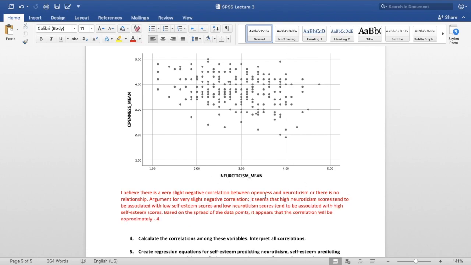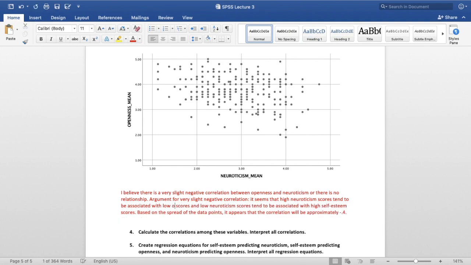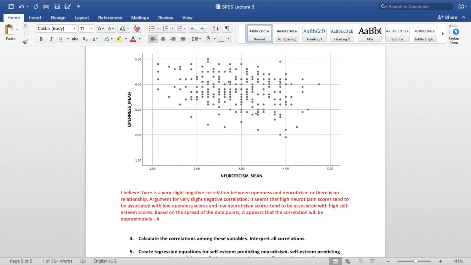Okay, so the argument for a very slight negative correlation is that it seems that high neuroticism tends to be associated with low openness scores, and low neuroticism scores tend to be associated with high openness scores.